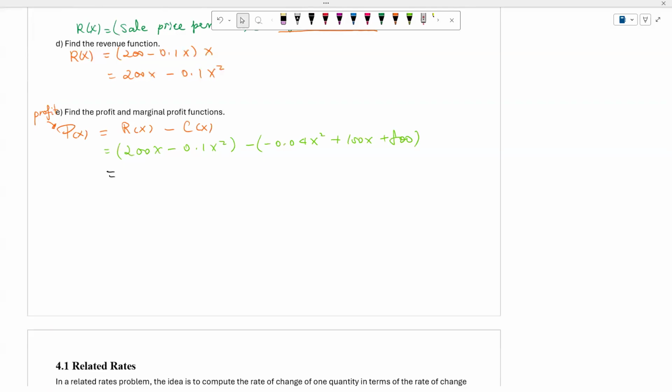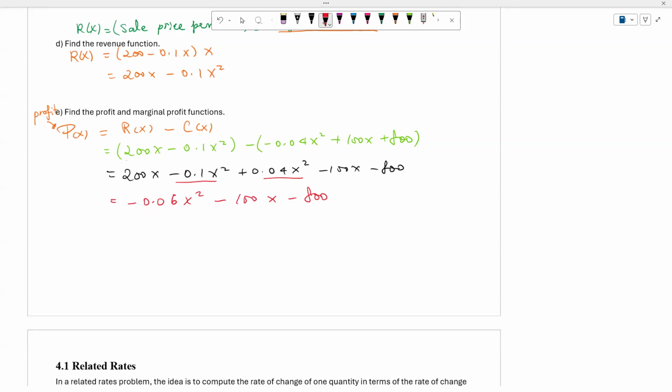Then it is equal to 200x minus 0.1x squared plus 0.04x squared minus 100x minus 800, which gives negative 0.06x squared plus 100x minus 800.